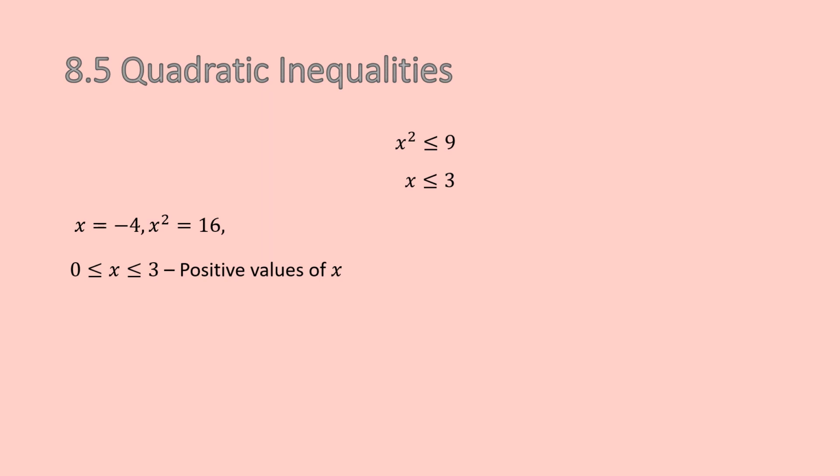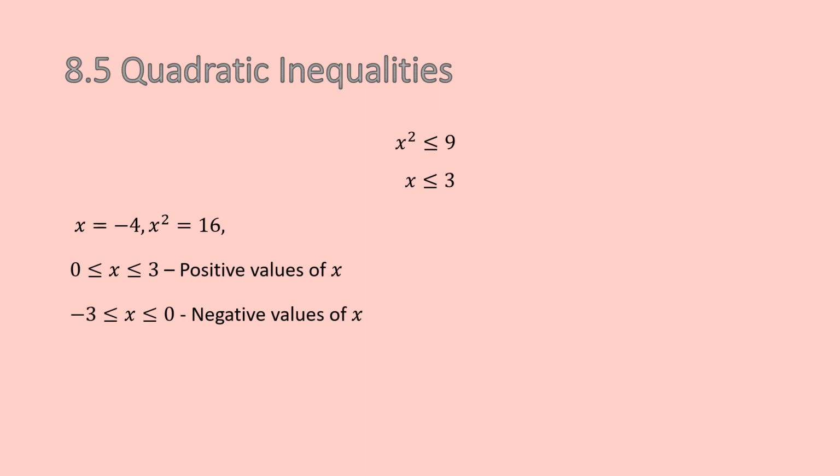The result is that the solution consists of these positive values of x. It means x is greater than or equal to 0, and also x is less than or equal to 3. That is for positive values of x, and x is greater than or equal to minus 3, and also x is less than or equal to 0 for negative values of x.